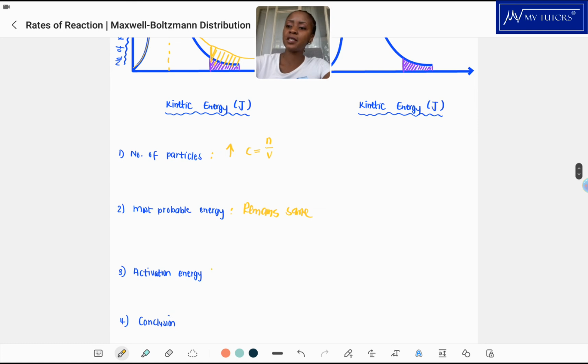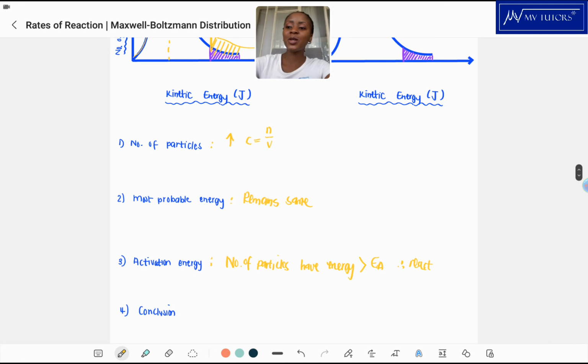Basically, the number of particles that have energy higher than the activation energy has increased. So more particles can now react, and the reaction can happen.